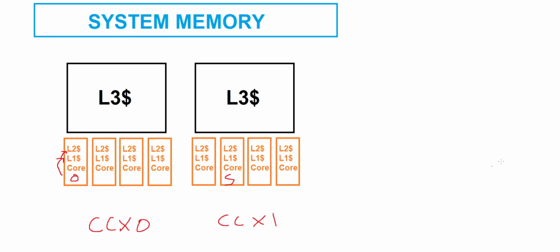Of course, the data in system memory will still be a 0. And if address A is still here in the L1 and L2 of core 5, A will also be a 0. But here, of course, we've written a new value, so A is 1 here.